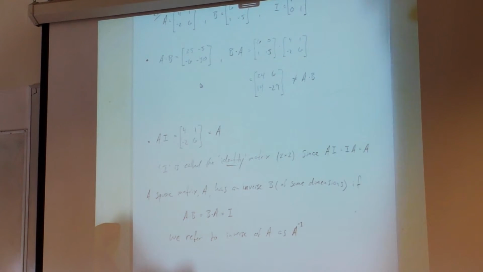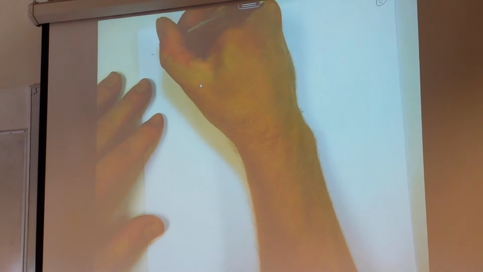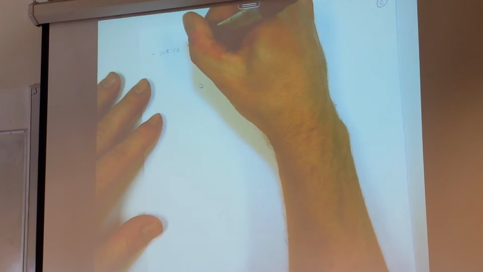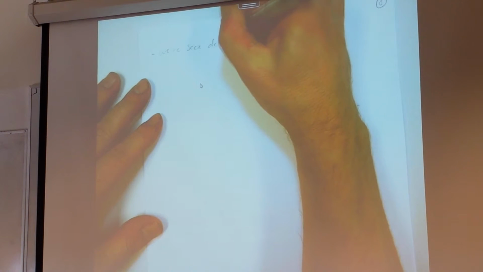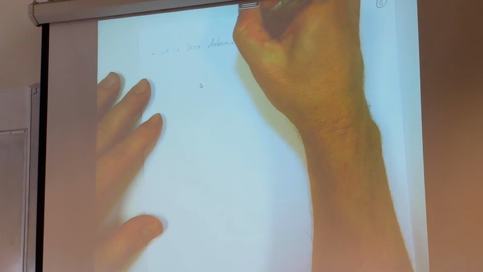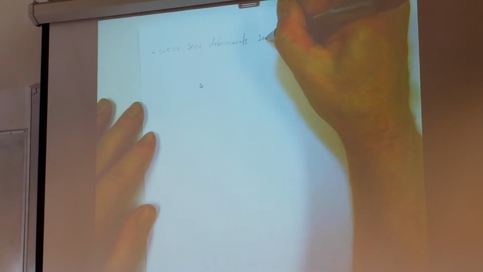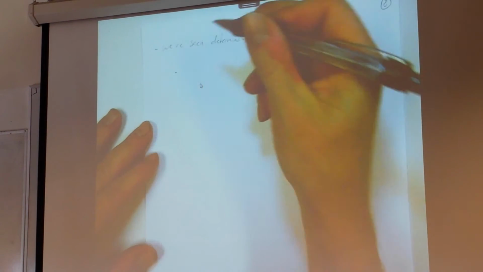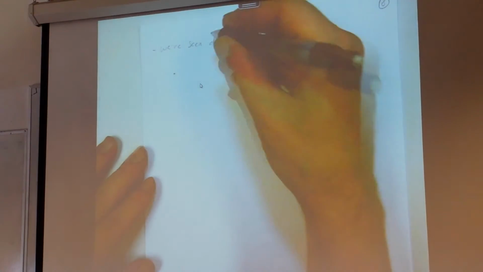Okay. Another thing we saw, determinants. We've seen determinants of 2 by 2 matrices. We're just going to talk about 2 by 2 and 3 by 3. That's all we have time for.